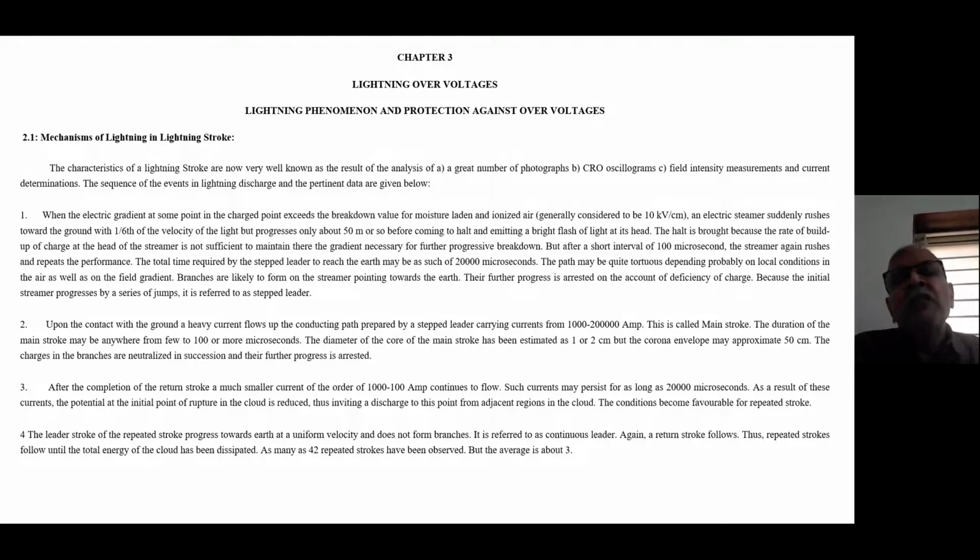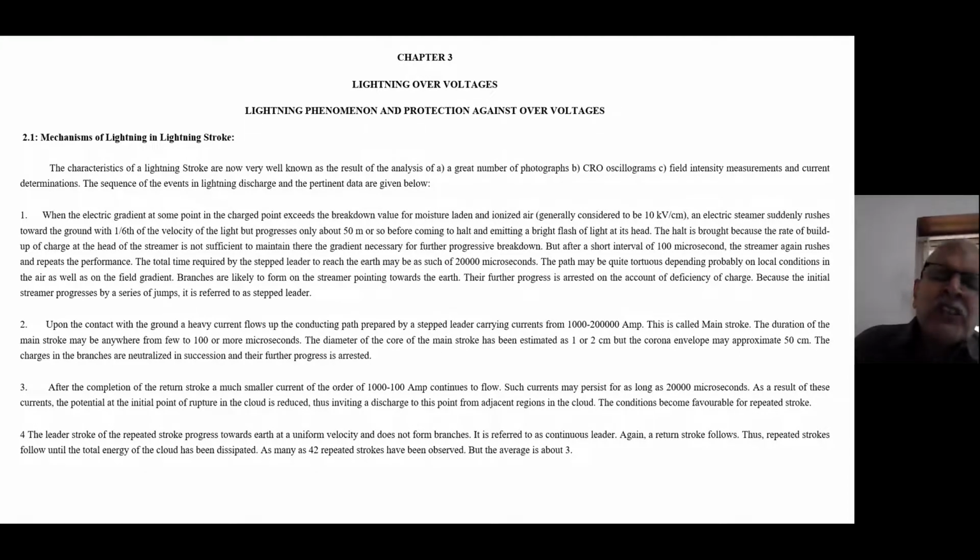Whenever there is Q and C, V is there, right? And that V, my dear friends, is as large as 1000 kV. No equipment, no transmission line, nobody can withstand it. Therefore, this over voltage has to be grounded.